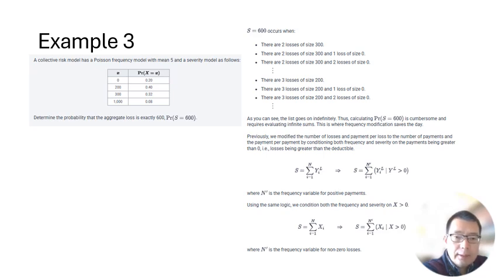We can get S to be the summation of Xi, i equal to 1 to M, or it can be the summation of Xi given X greater than 0, summed from i equal to 1 to M prime, where M prime is the frequency variable for non-zero losses. So here we talk about how to transform from payment per loss to payment per payment. Now let's look at the next page to see how it's being solved.